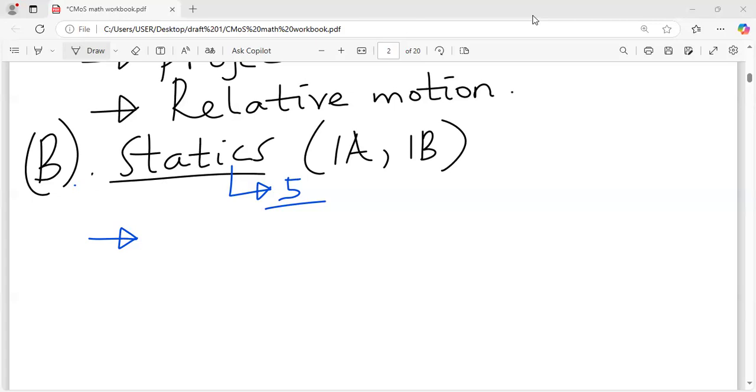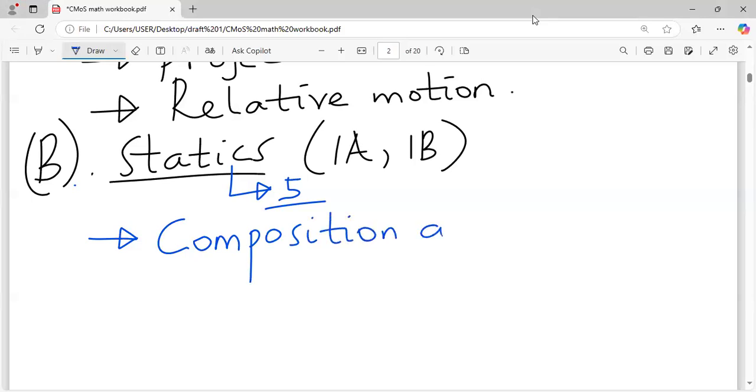So, what have I said? Statics have what we call composition and resolution of forces.